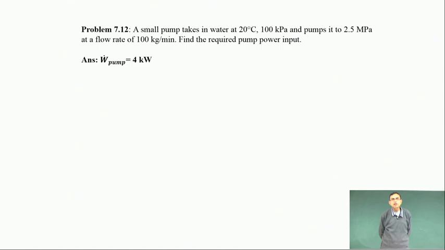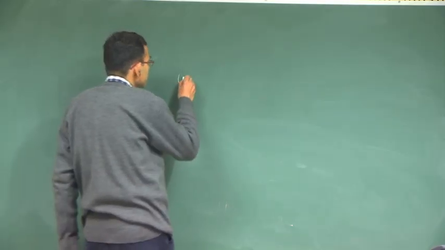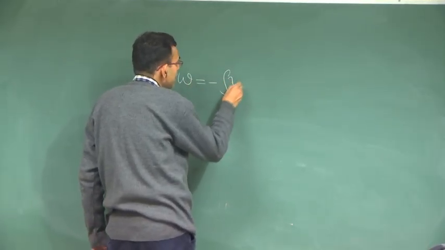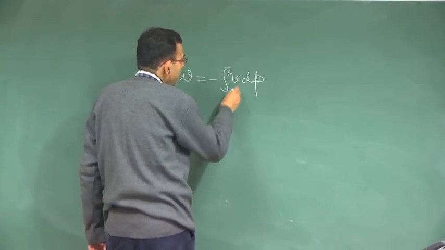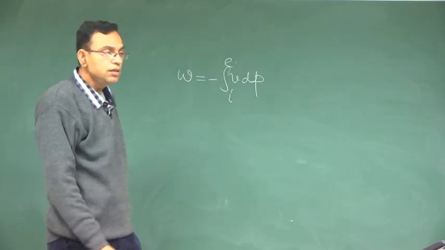So, heat transfer is negligible, and assume the pump to be reversible, because no other data is given. So, the work done for the pump is given by the integral VdP formula. So, the work done is minus integral VdP from pump inlet to pump exit.